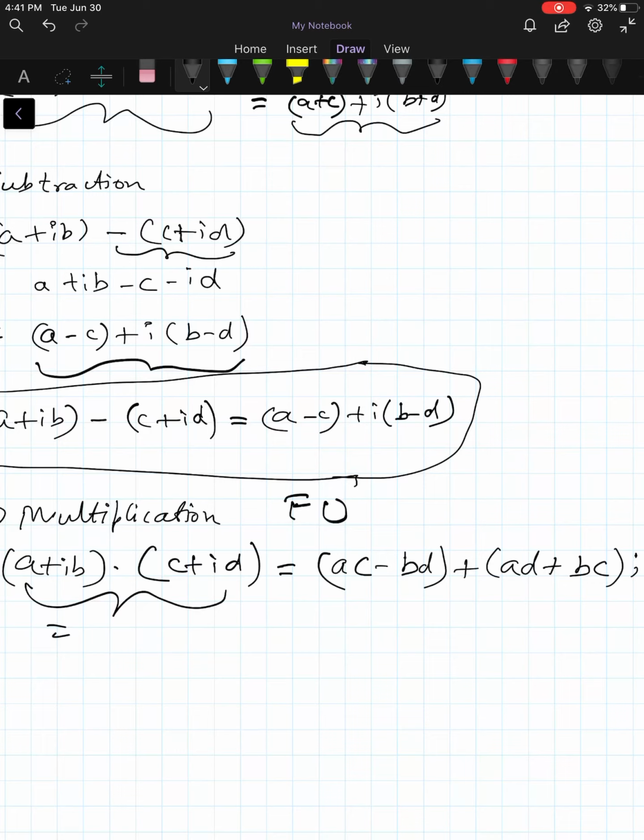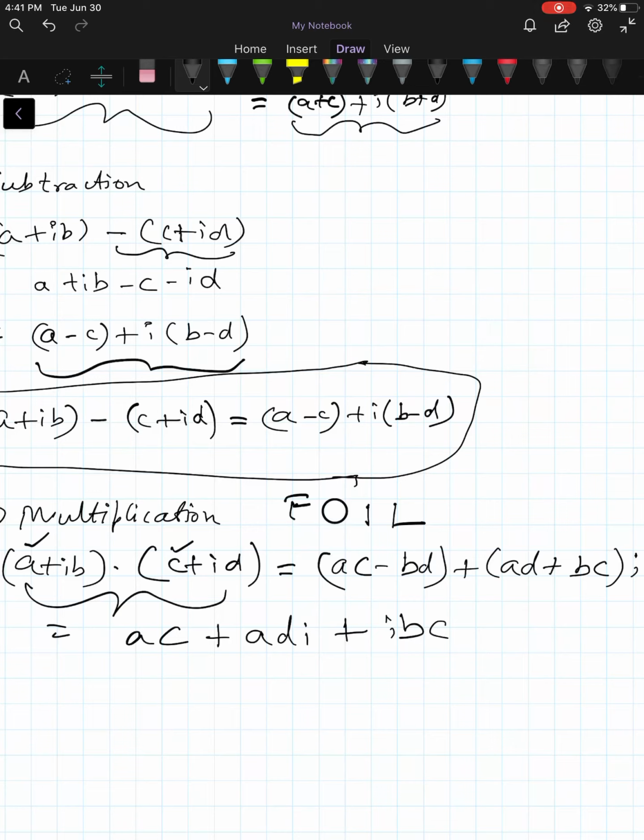That is, multiply first terms, outer terms, inner terms, and the last terms later. Multiplying first terms, a and c, gives ac. Then the outer terms are a and id, so multiplying a and id gives plus adi. And then the inner terms are ib and c, giving plus ibc.